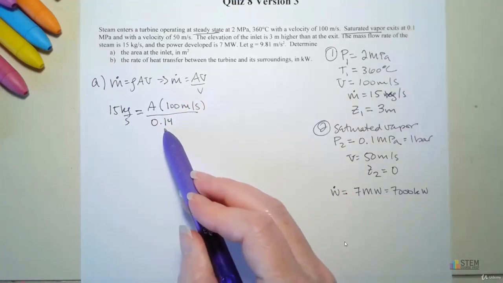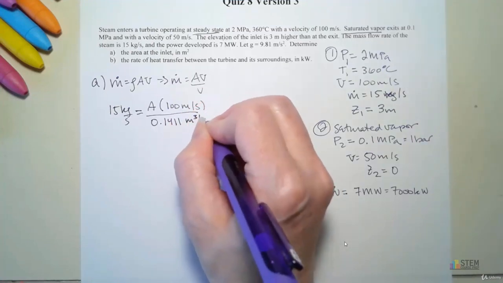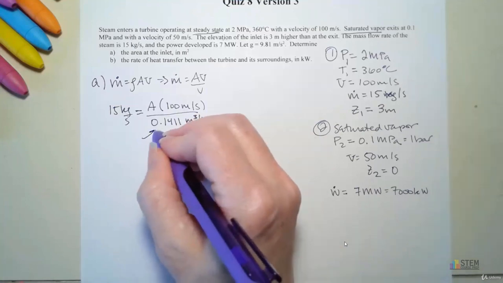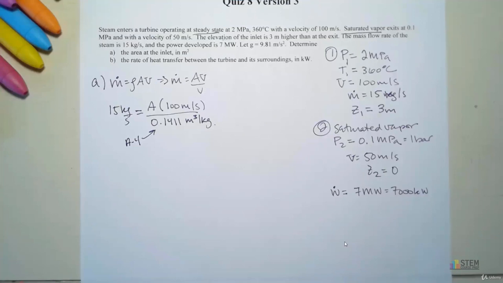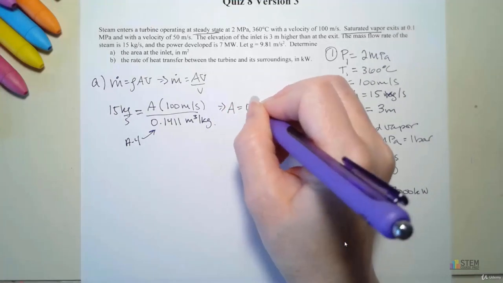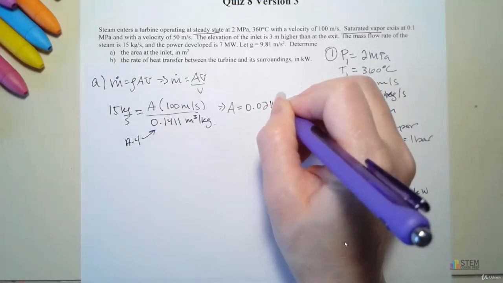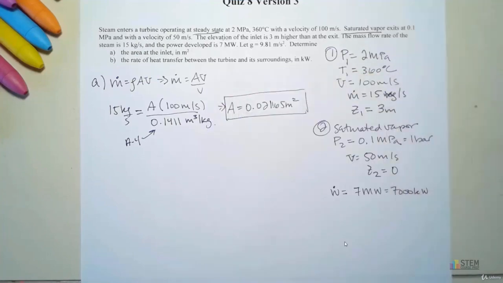So now we got 0.1411, that's from the table, cubic meters per kilogram. If you're using the Moran textbook tables, it's A4 where we got that. Now you can go ahead and solve for area. Area is going to be 0.21165 square meters. All right, so now we got that. That takes care of part A.